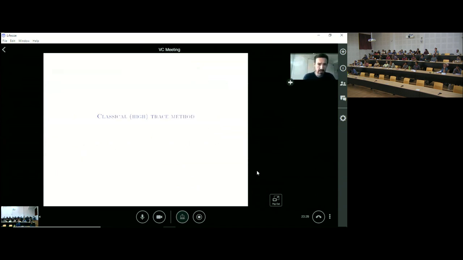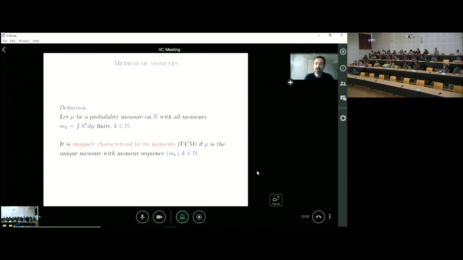So how does the trace method try to solve these two questions? The first question, convergence of the empirical distribution of eigenvalues, will be done thanks to the method of moments, which is a classical method in probability.